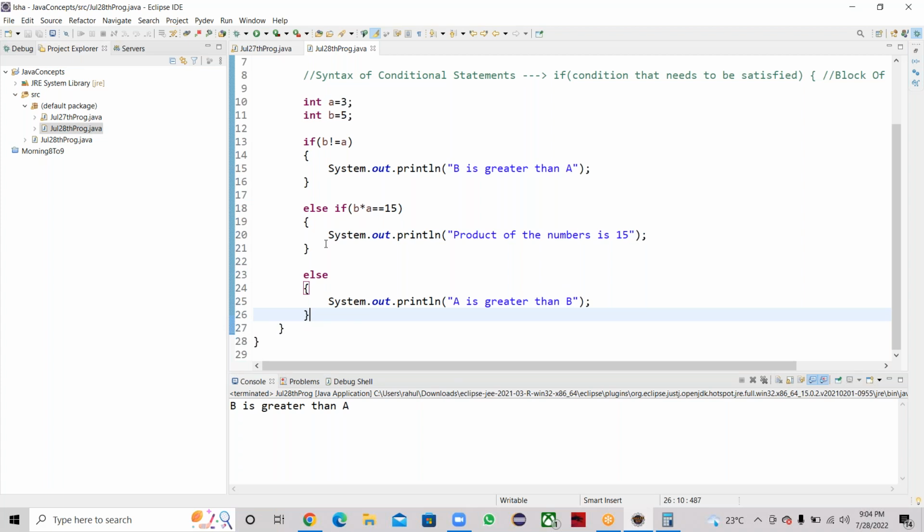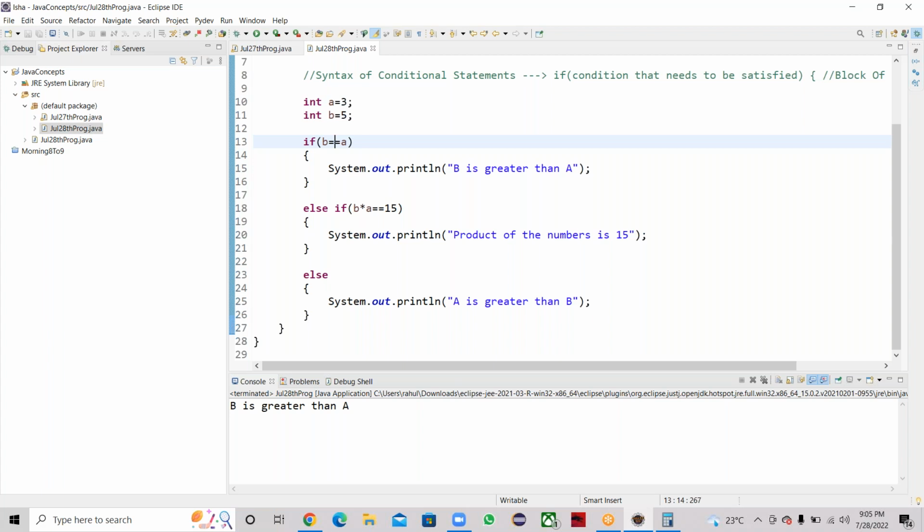Yes, sir. B is greater than A. Is this clear? Now, what is the output of the program? The product of the numbers is 15. Clear? How about others? Yes, sir, it's clear. B is greater than A and the product is 15.